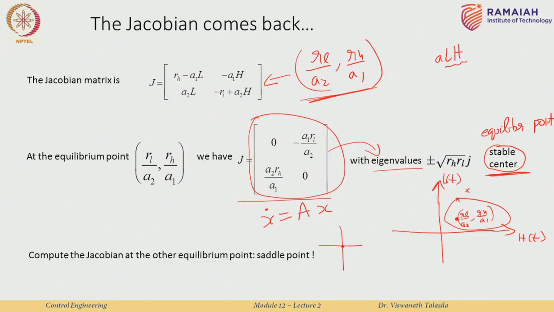Start at any other initial condition and it will go around that equilibrium point. Start over here, it will go around that equilibrium point. If you start somewhere over here, it would actually tend into this part of the axis and then again create a new orbit, and so on.